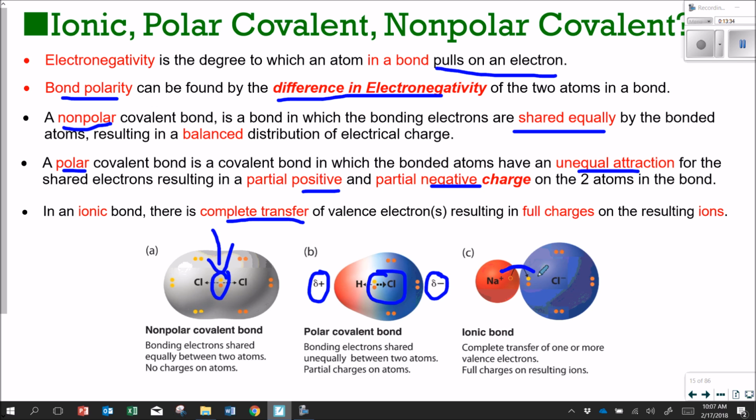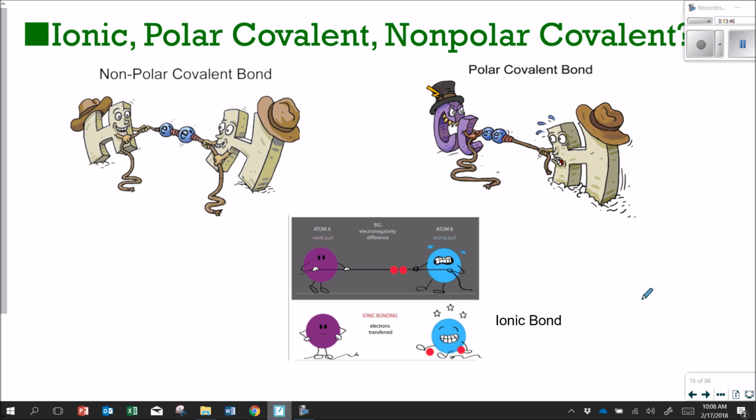Sodium has lost an electron, chlorine has gained an electron, so all the electrons have been transferred to chlorine, so we have full charges on the resulting ions. These three pictures illustrate the polar covalent, non-polar covalent, and ionic bonds. You can take a minute to look at them.